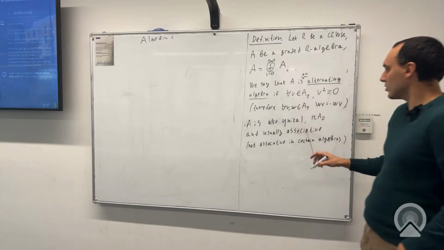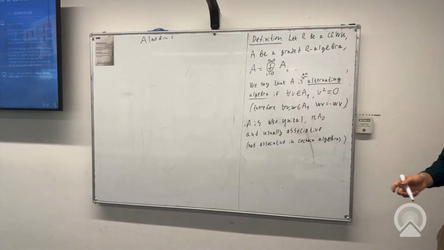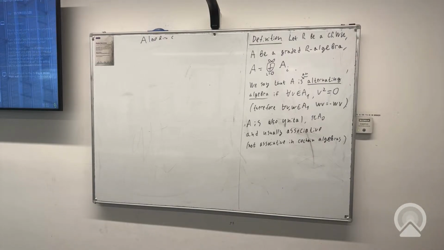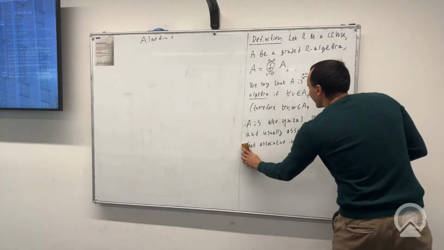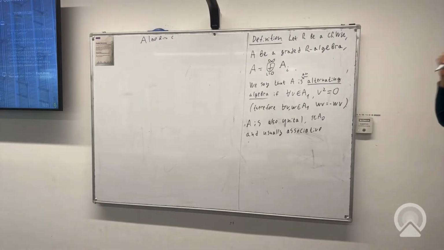Usually in the literature, because people study alternating algebras on manifolds, they assume it's associative, but for some of the properties, it's not necessary. The logic for discrete spaces is different.